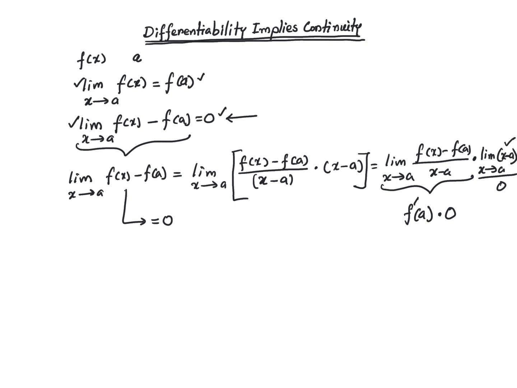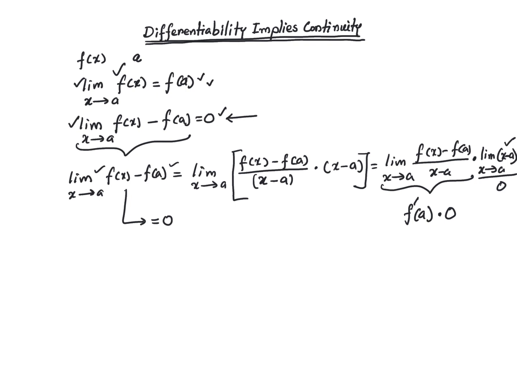So when the limit as x approaches a of f of x minus f of a is equal to 0, which we have shown, it is equivalent to showing that the limit as x approaches a of f of x is equal to f of a, which tells us that the function is continuous at point a, given that it is differentiable at point a.